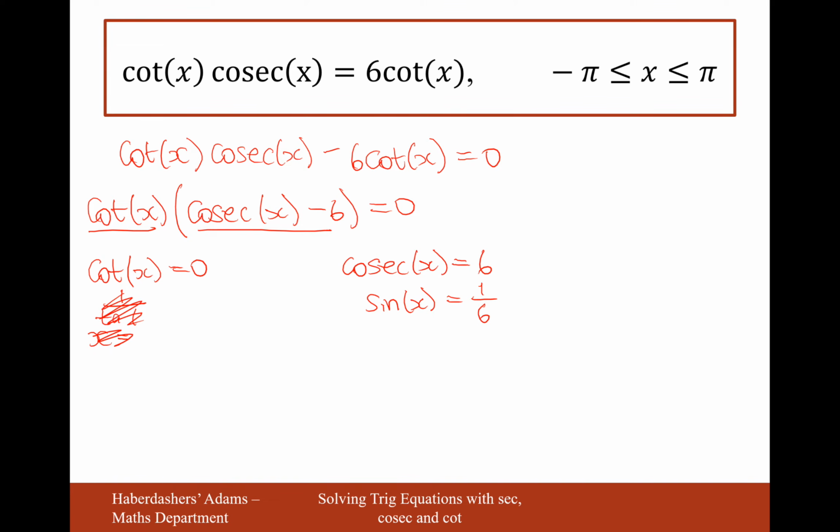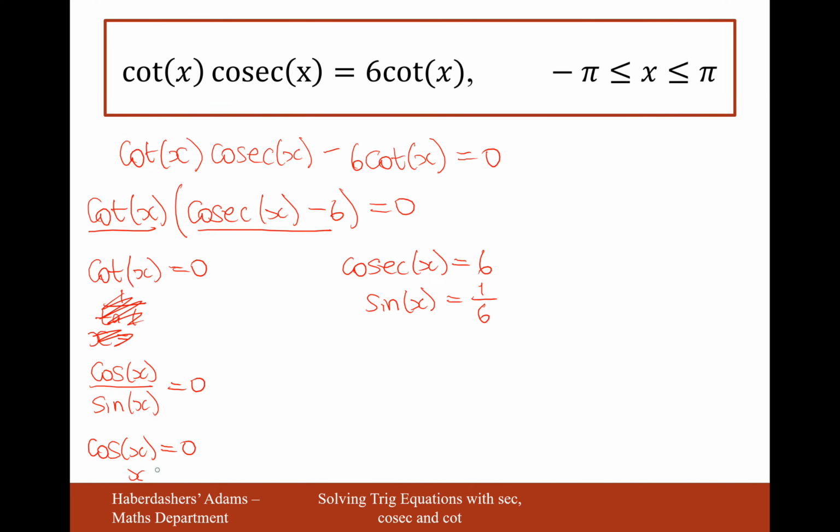Hold on, we need to do this one slightly differently, don't we? Cot x equals 0. So let's just remind ourselves of what cot is. Cot is cos x over sine x equals 0. And the only way this fraction would ever equal 0 is if cos x was equal 0.